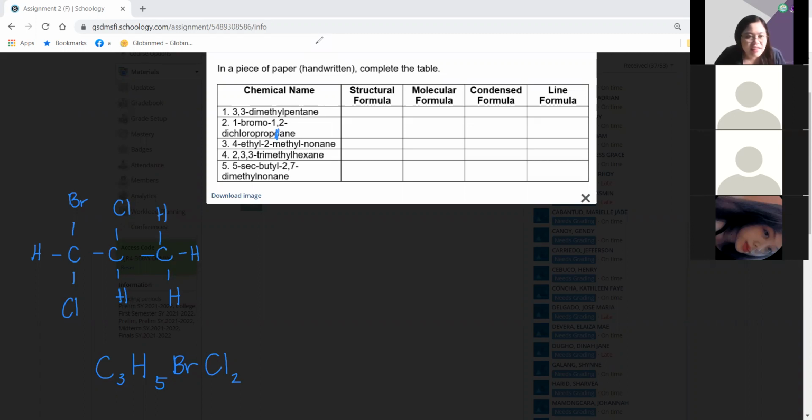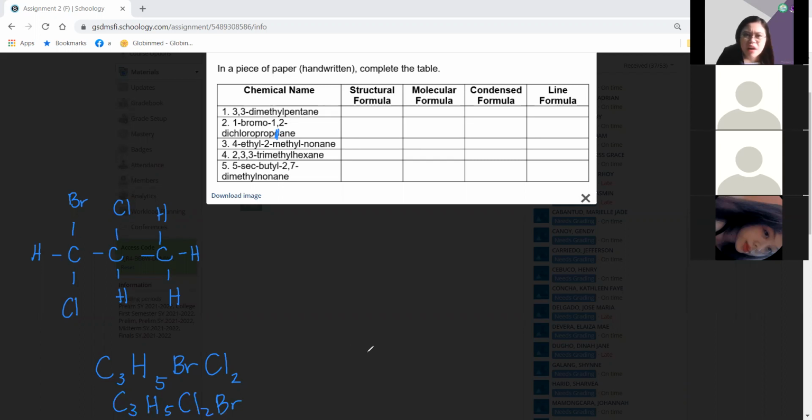Okay. C3H5. Okay, that's okay. If na-disarrange niyo siya, like ang answer niyo ay C3H5Cl2Br, no problem. That is still the molecular formula of our compound here.